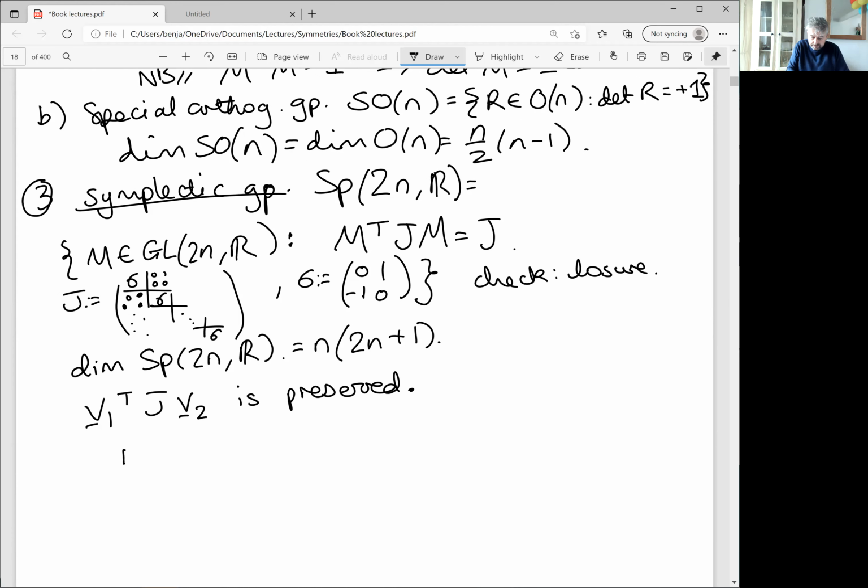So we also note that M transposed J M is equal to J. This is the condition on the matrix. If we take determinants of this matrix equation, we get that the determinant of the matrix is, again, plus or minus 1.